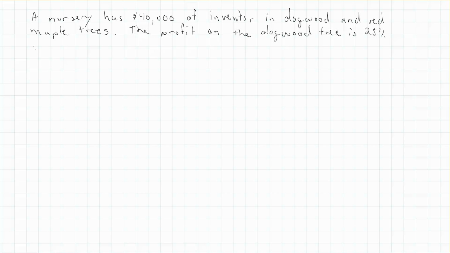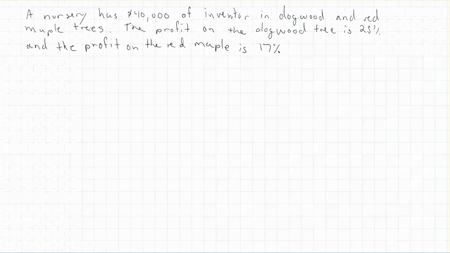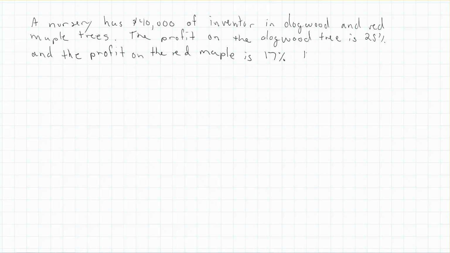And the profit on the red maple is 17%. The total profit is 20%.